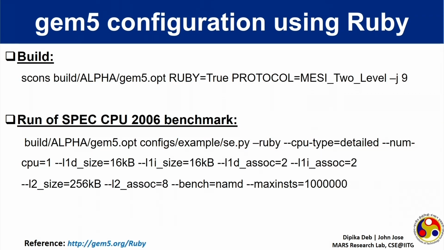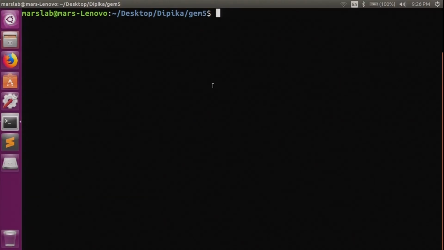To build the system, we will use this command. Go into the gem5 directory. In the gem5 directory, type the command scons build. We will use the Alpha architecture and the binary that we will use is gem5.opt.